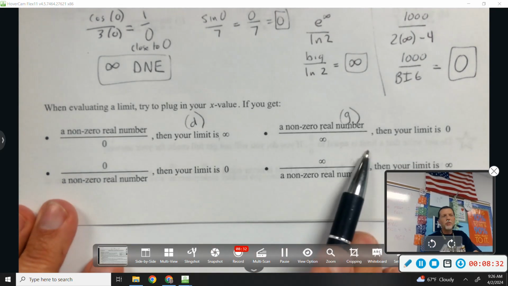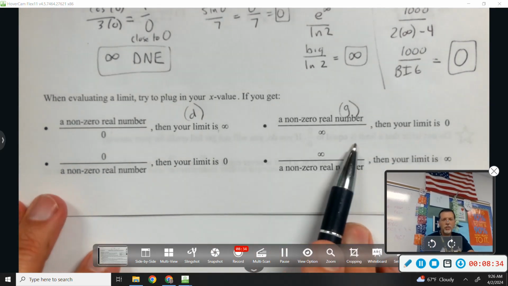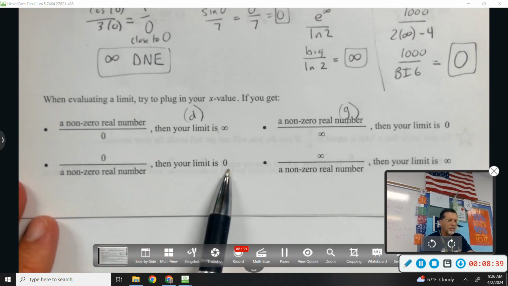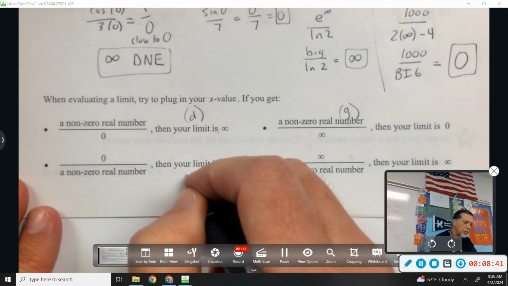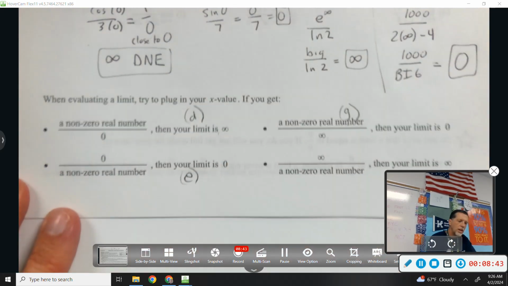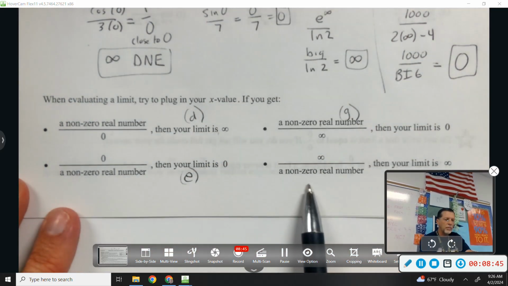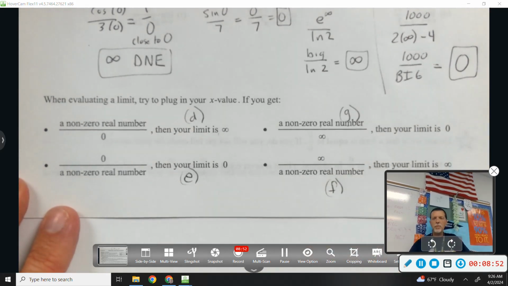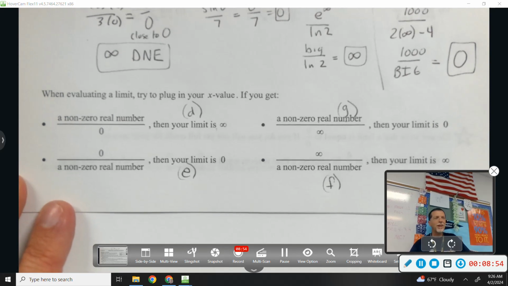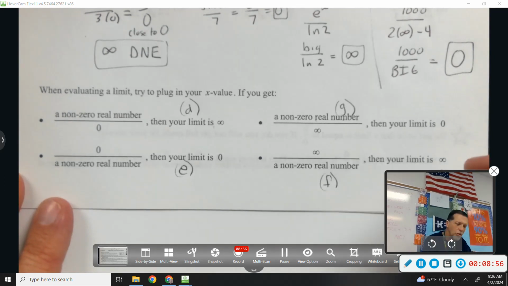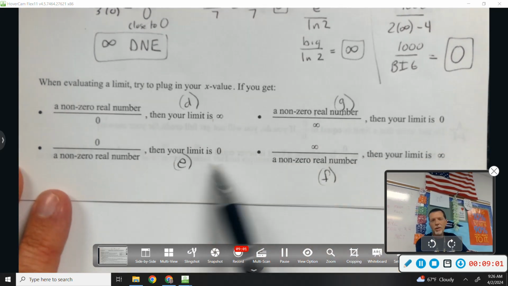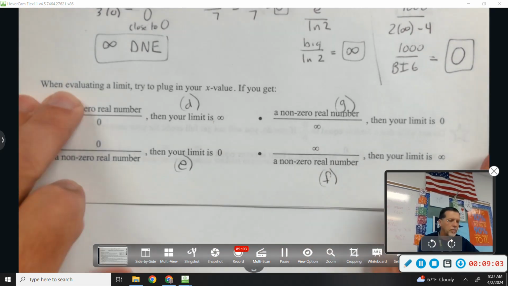I don't think these are things you memorize. These are things you think about when they show up. 0 divided by anything is 0. That makes sense. That was example E. And infinity divided by not 0, that was example F. Really, really big number divided by 7. Well, dividing by 7 is nice, I guess, but you're still going to infinity. These are not things you memorize. These are things you think about and figure out when they happen.